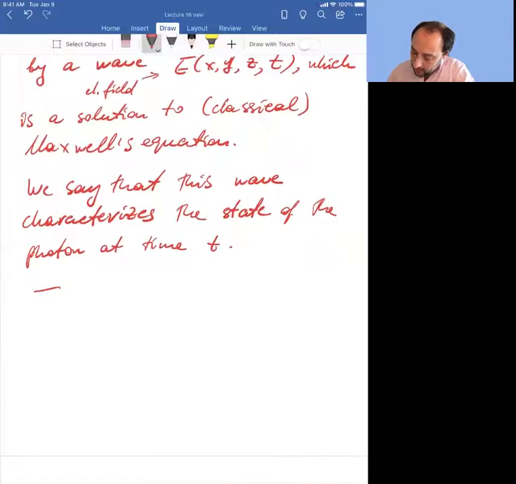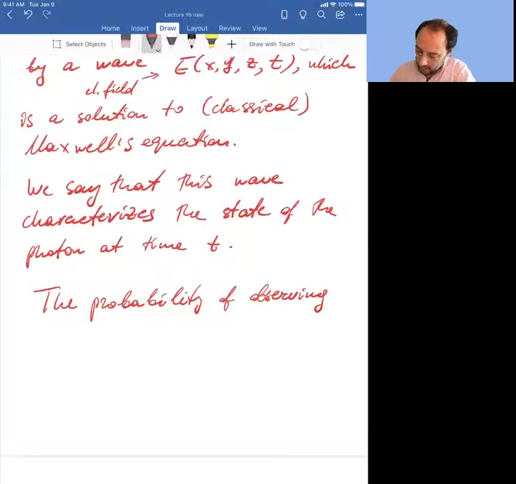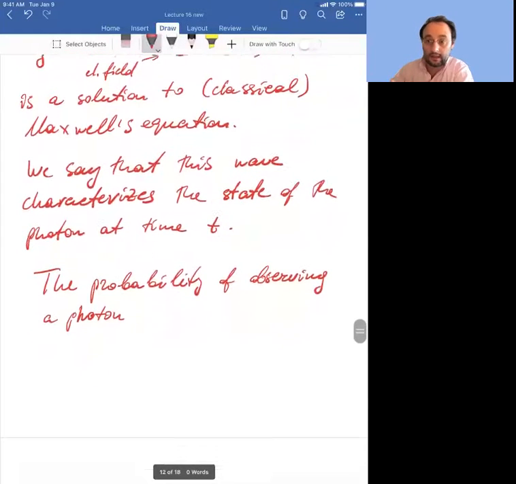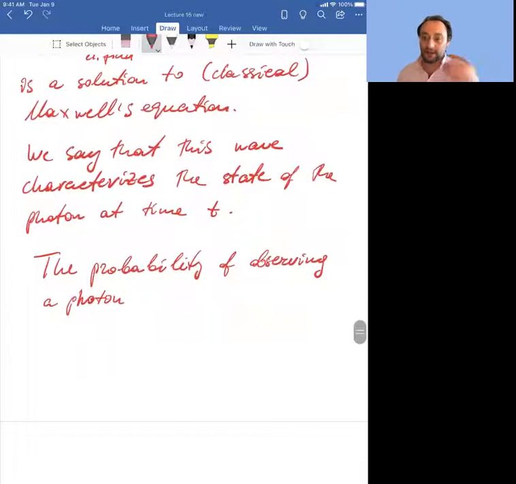So the last thing that I wanted to say is about the probability of observing a photon. How do you use this E? I told you about E, the electric field. I just told you that we have to shift our mentality to probabilities. Well, fine. How do I get that probability?